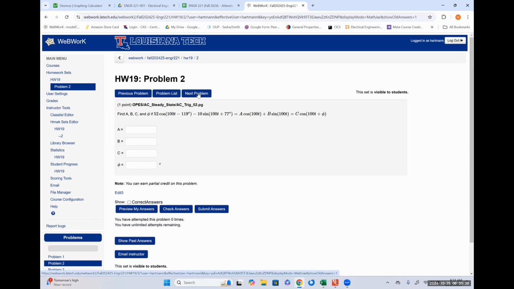Okay. So for this particular problem, we are asked to find A, B, C, and our phase angle if 52 cosine(100t minus 119 degrees) minus 10 sine(100t plus 77 degrees) is equal to that thing. So I'm just going to write this stuff down real quick.